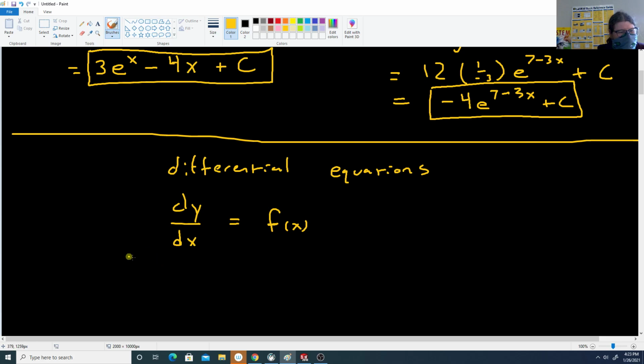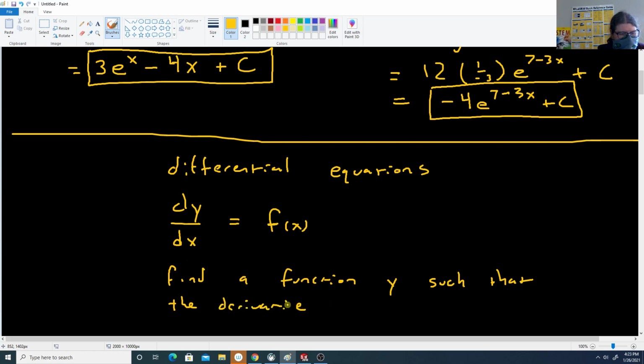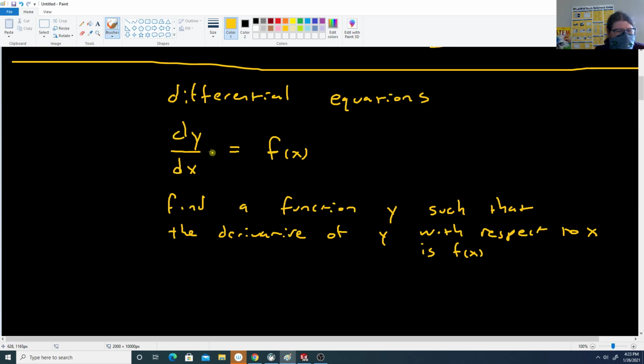Basically, this would say find a function y such that the derivative of y with respect to x is f of x. So it's a statement involving derivatives, and your goal is to find some function that would satisfy the derivative statement.